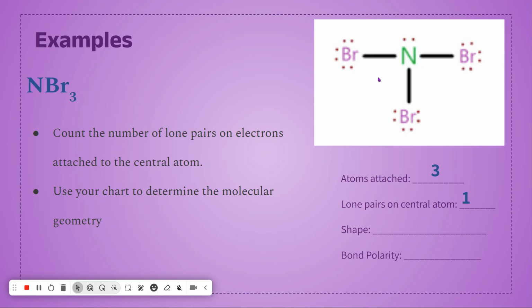All right, if you look at your chart, what you will see is that 3 atoms, 1 lone pair is trigonal pyramidal. Okay, and then bond polarity, we have to look back at our electronegativity table. We're going to look at nitrogen is 3.0, bromine is 2.8, so that's a difference of only 0.2, so that ends up being a nonpolar bond.